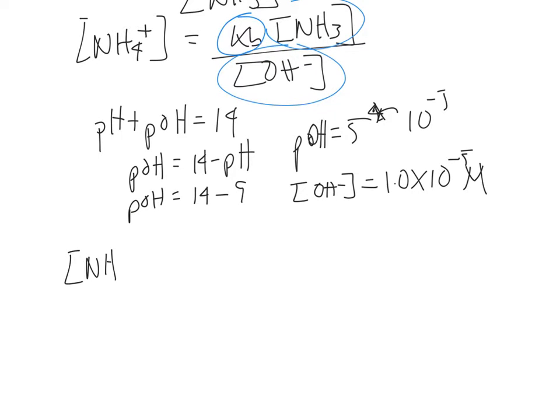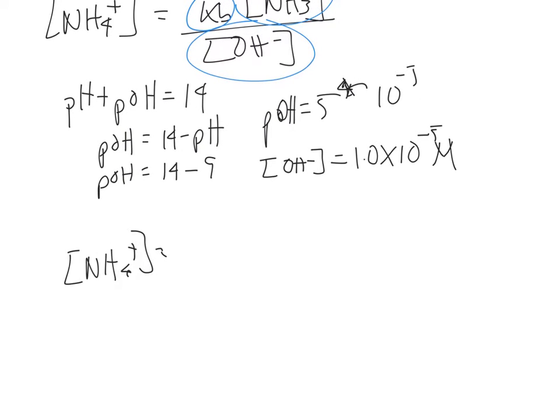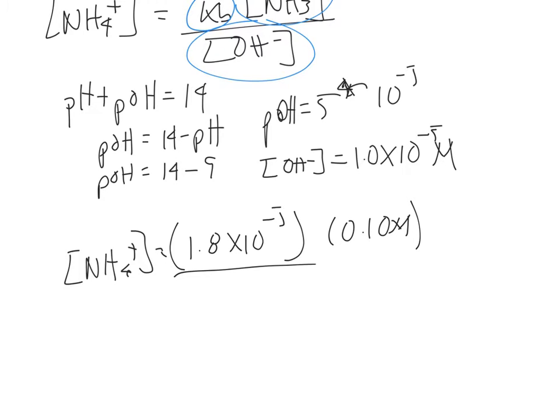NH4 plus is going to be equal to Kb, which was 1.8 times 10 to the power of minus 5, multiplied by the concentration of NH3, that was 0.10 molar, and divided by the concentration of OH, that is 1.0 times 10 to the minus 5 molar.